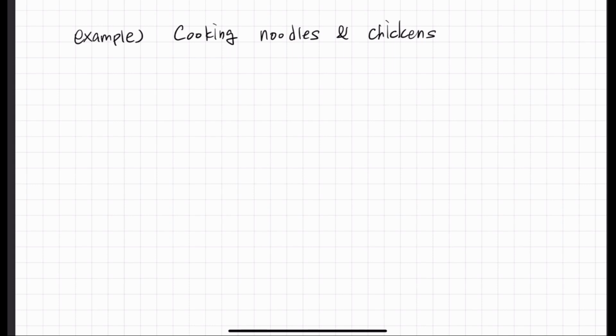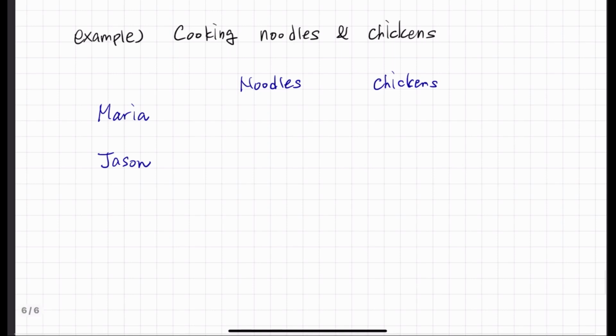Let's say Maria and Jason cook noodles and chicken. They want to make some noodles and chicken. It takes Maria 4 hours and Jason 3 hours to make noodles.